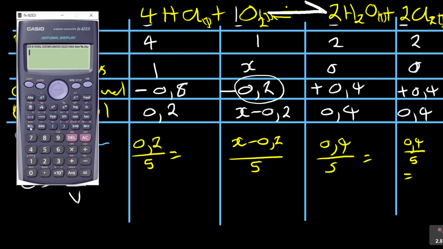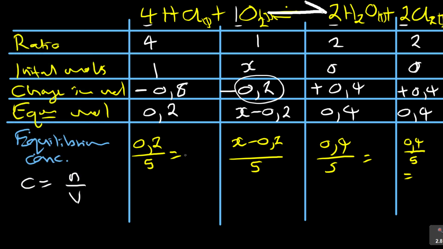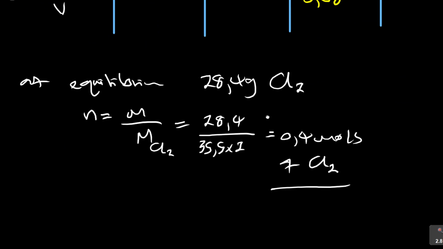Let's start with the first one. 0.2 over 5 is 0.04. What about 0.4 over 5? 0.08. So here it's 0.04, here it's 0.08, here it's 0.08. That's it.